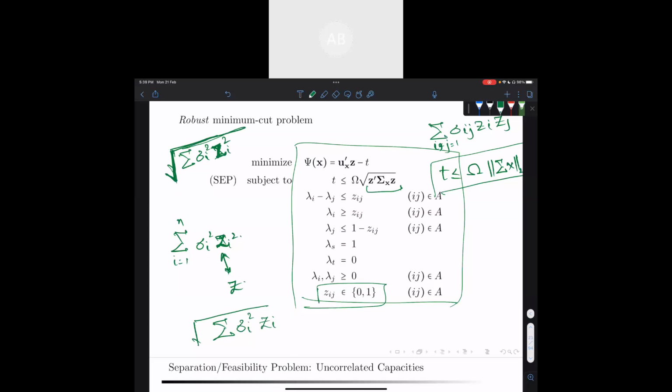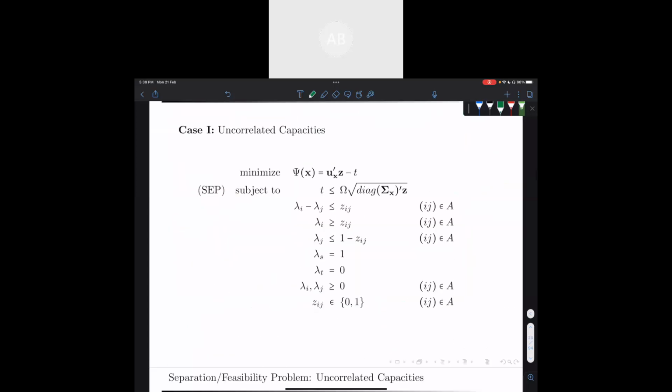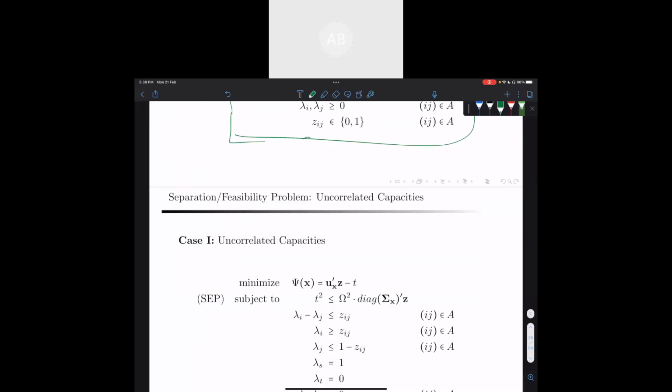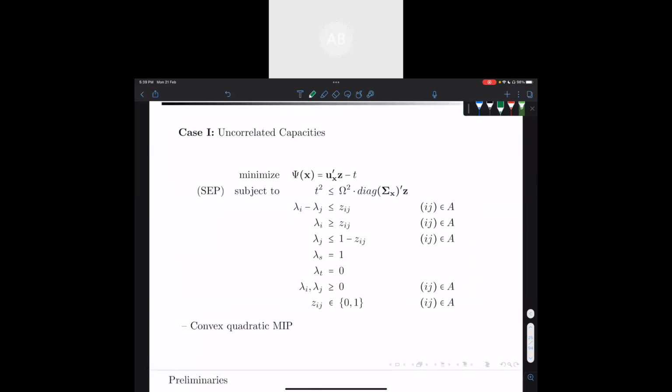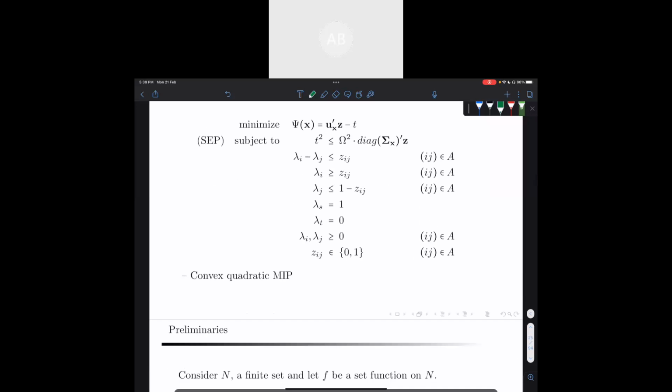Norm is a convex function. So now you have a problem that is convex, and it can be solved pretty fast. So that takes care of that. That's a simple trick, nothing super interesting there. But at least we can solve this separation problem, which we need to solve many times, fairly fast.